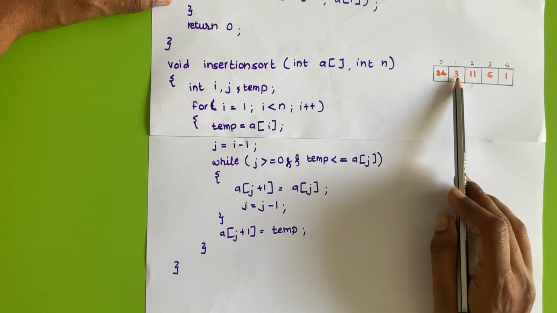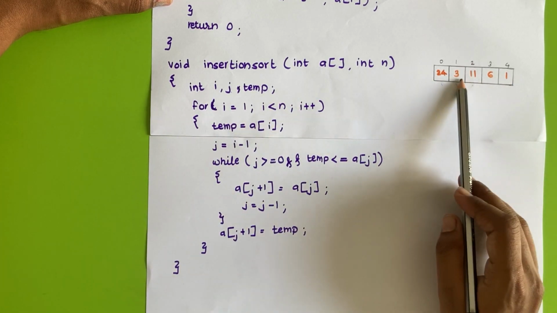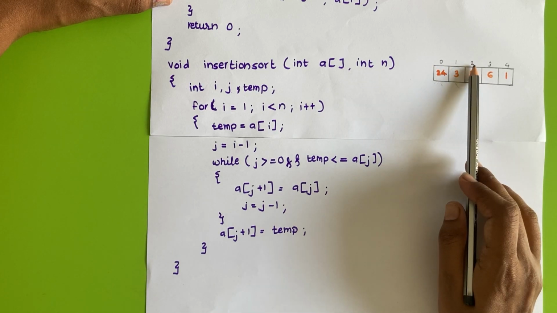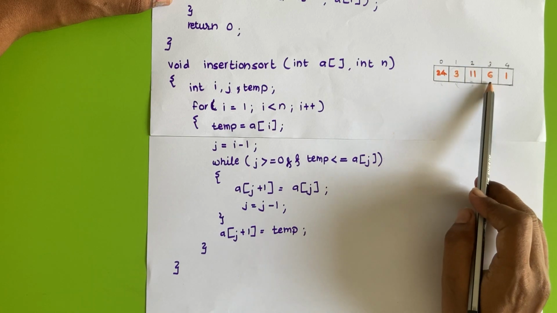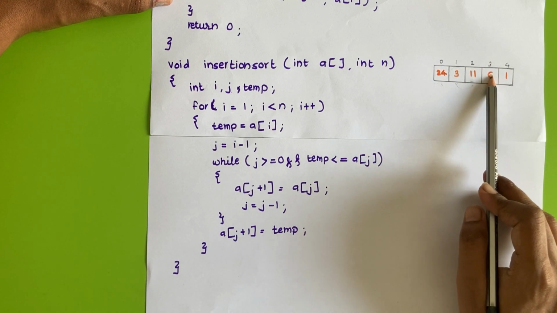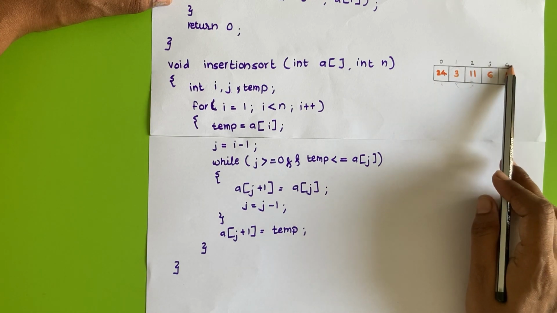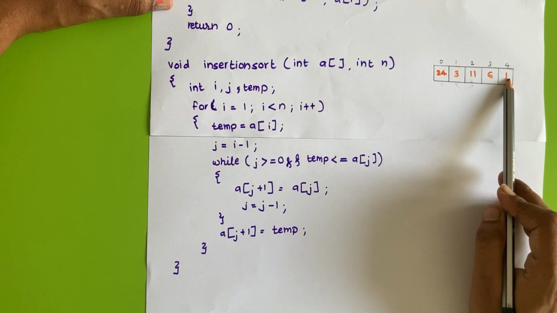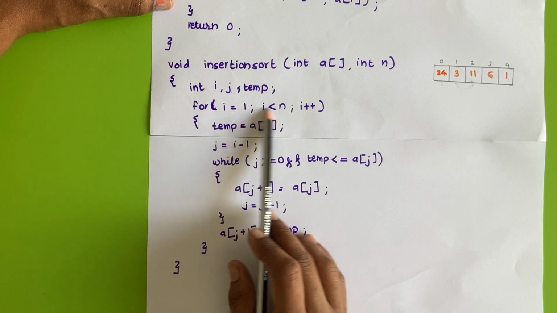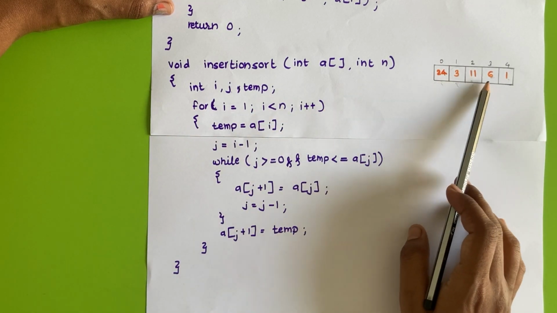So first for i is equal to 1, the element will be at index 1, next will be the element present at index 2, then in the next pass the element present at index 3, and the next element present at index 4. So this for loop is taken for the right element.